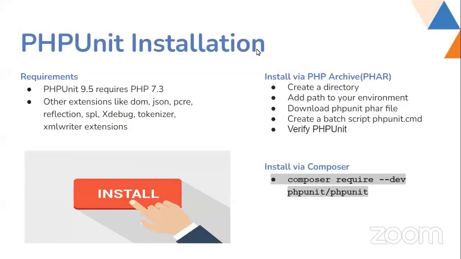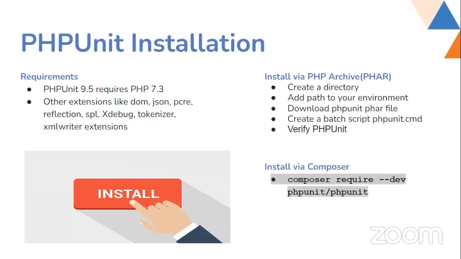So basically, to start with something, you just need to know how to install it. Installing PHPUnit requires the latest version of PHPUnit. We are using 9.5 for the sake of this webinar, and the PHP version we will be using is 7.3, and other extensions need to be enabled during this PHPUnit execution.